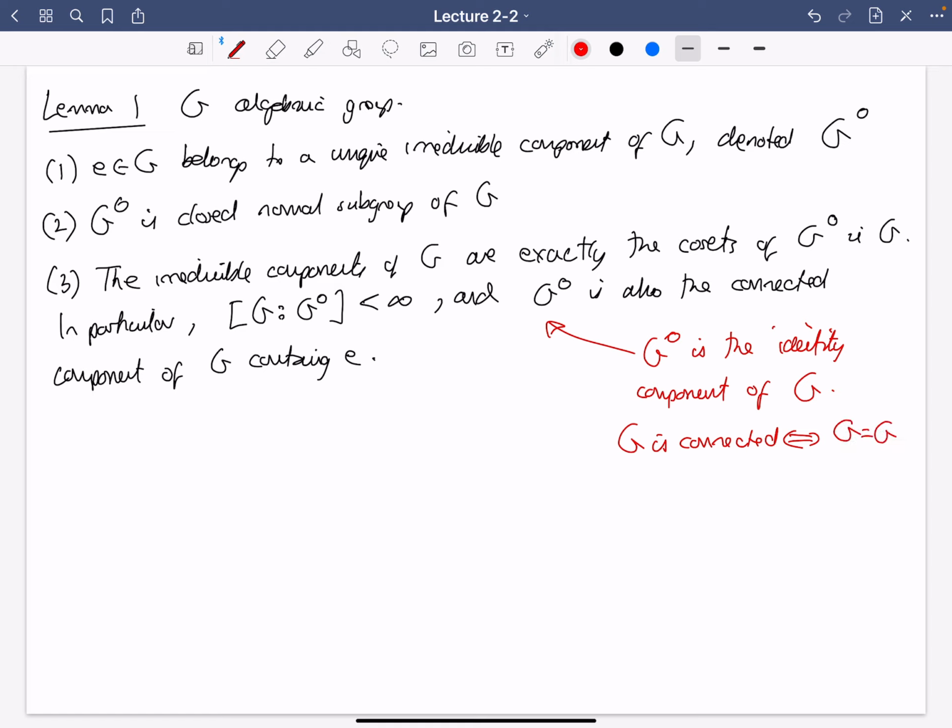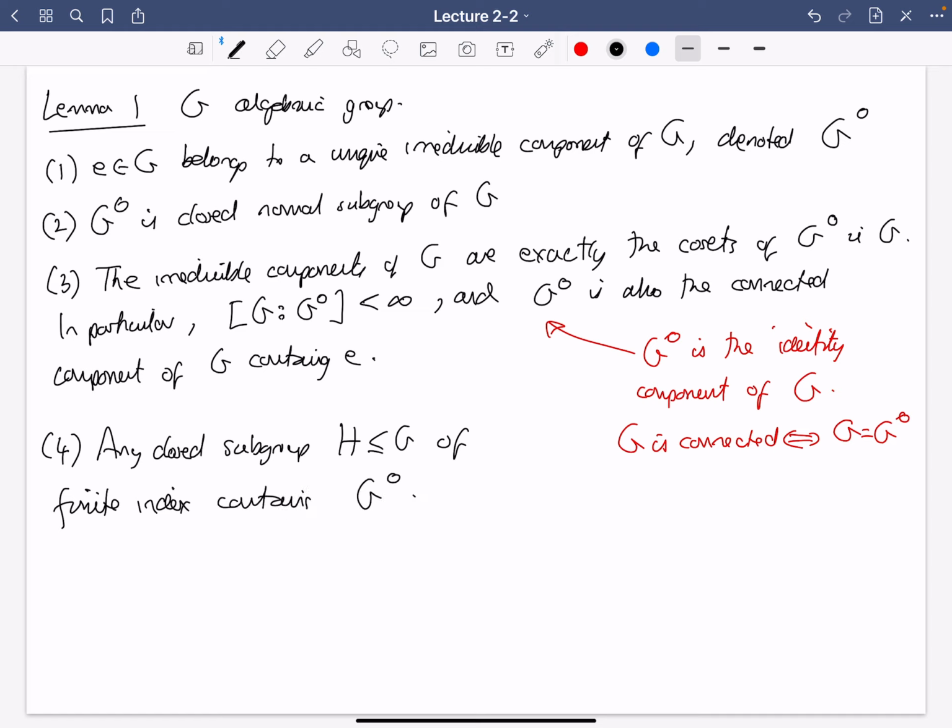Well, of course, because G0 is this connected component, that's just saying that G equals its identity component. And just for good measure, the final part of the lemma is also easy. Any closed subgroup H of G of finite index contains the identity component of G.